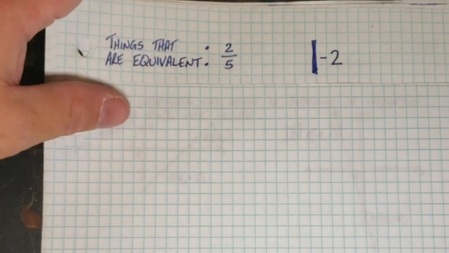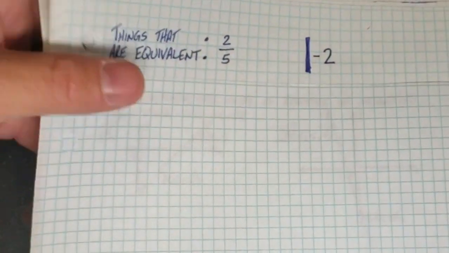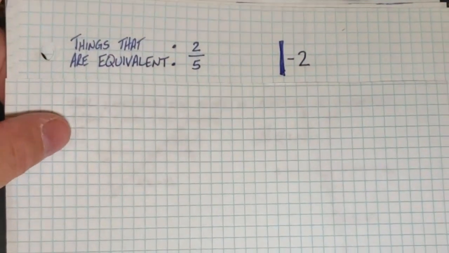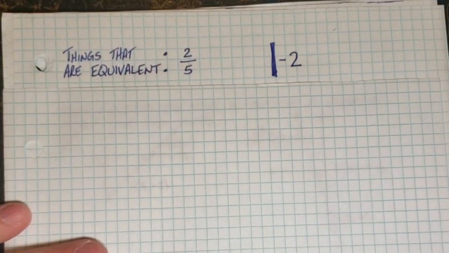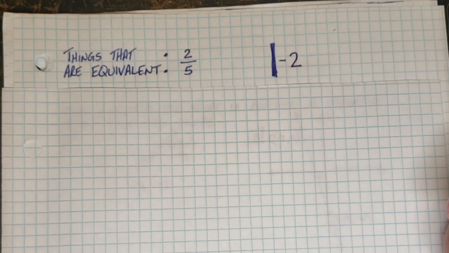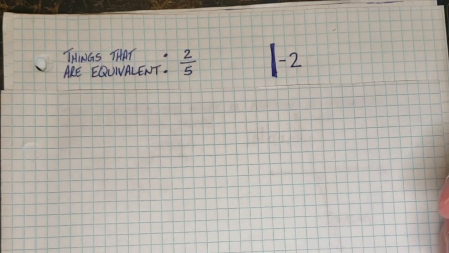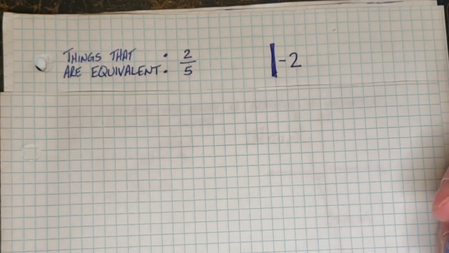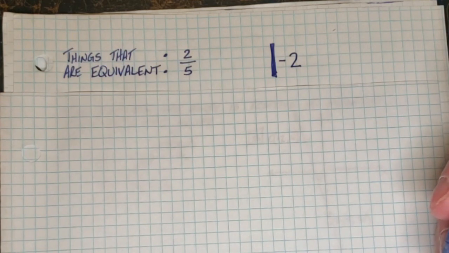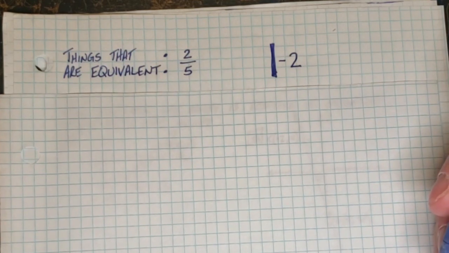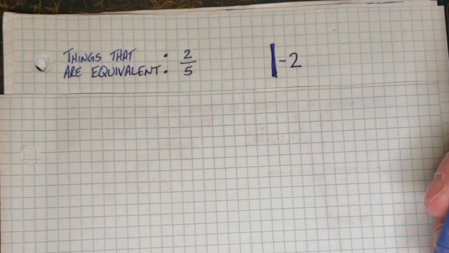Before we go too much farther in finding the slope of a line, let's review fractions that are equivalent. For example, what is equivalent to 2/5? Now, I'm not talking about changing it and making it 4/10 or 6/15.